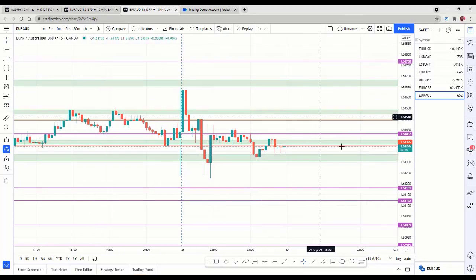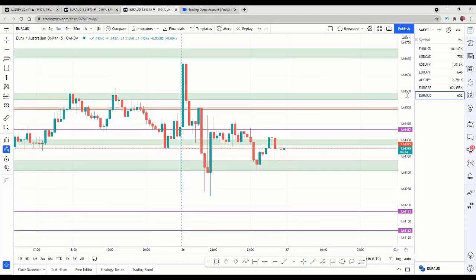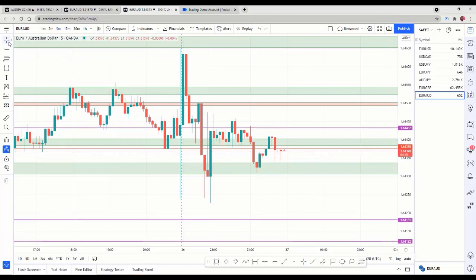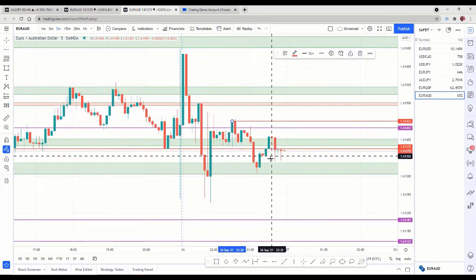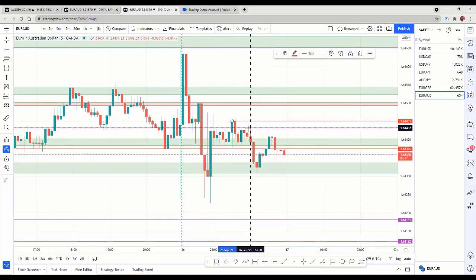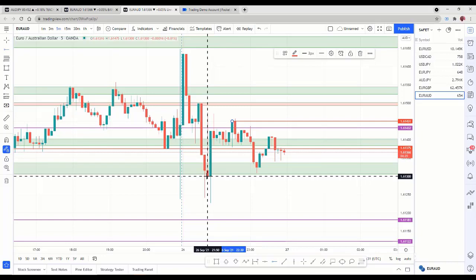Okay, now we are in our 5 minutes and we can see clearly what our 5 minutes is saying. And right here, I have this top. All of this bottom.